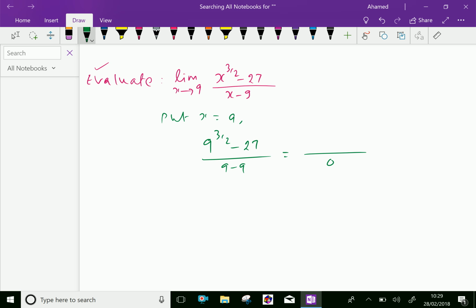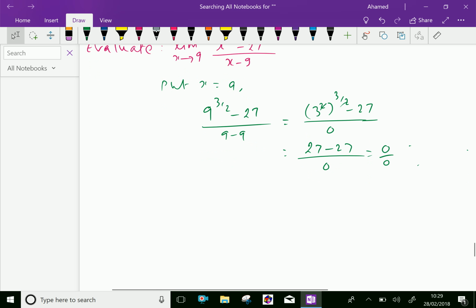Here 9^(3/2) is 3^3, since 9 we can write as 3 squared, to the power 3 by 2. So 27 minus 27 over 0, that is 0 by 0. It's an indeterminate form, so it's not allowed.